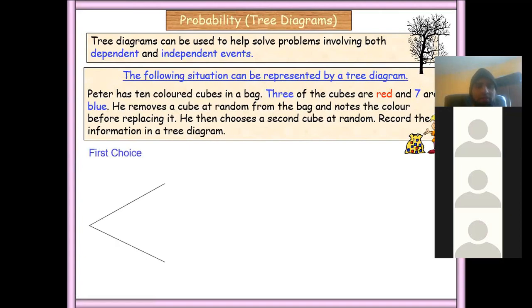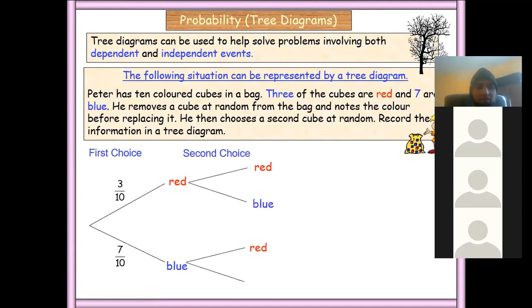So on my tree diagram, I have this, for my first choice and my second choice. When you're going across the diagram, if I want to get the probability of red and red, I multiply. I'm going along the branches.